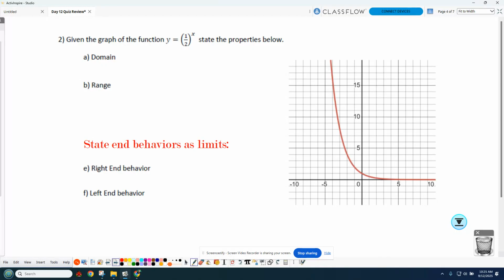I will say on the quiz, things that go off the graph, assume they go forever. Does it look like there's any x value that we were not allowed to use? Is there any x value that does not have a y value? Wouldn't it be negative 4 or negative 5? The graph is never going to hit negative 5.